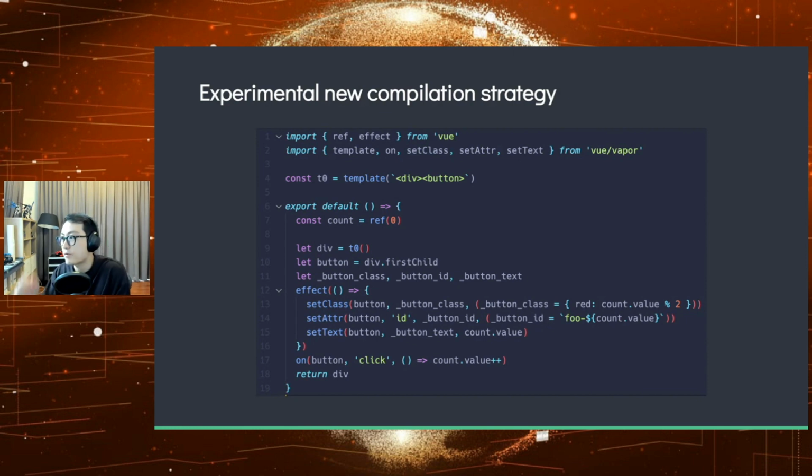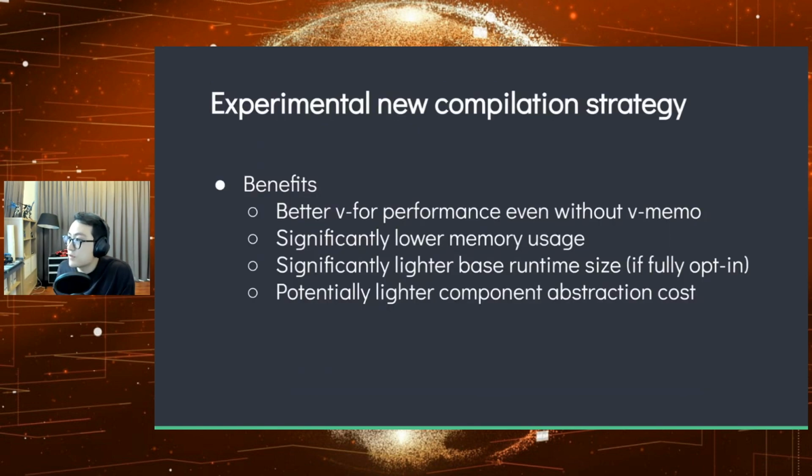We already have a runtime prototype working for this, and we're seeing extremely performant numbers. So the intended benefits of this are, first of all, we're seeing great performance on big lists, even without the use of v-memo. We're seeing significantly lower memory usage due to not having to create virtual DOM trees.